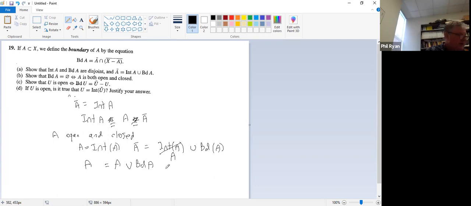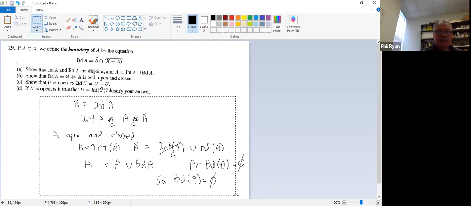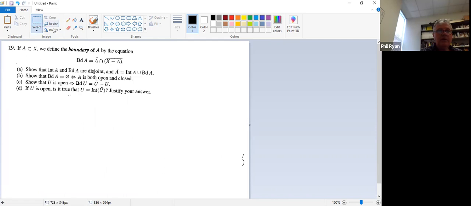So A intersected with the boundary of A is going to be empty. So that means the boundary of A has to be empty. And let's continue on to part C.